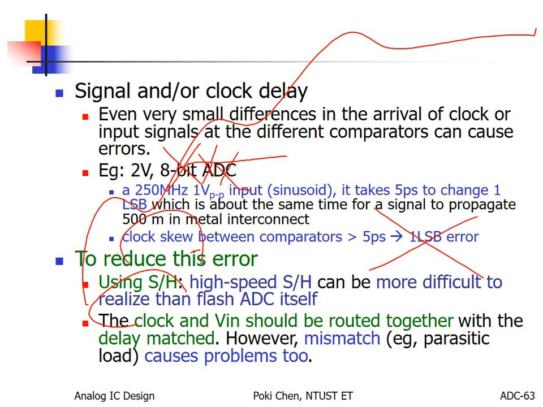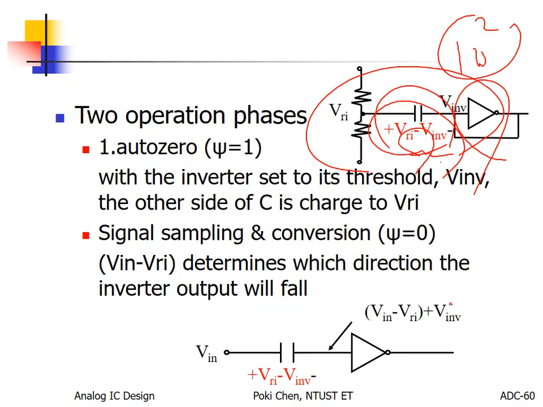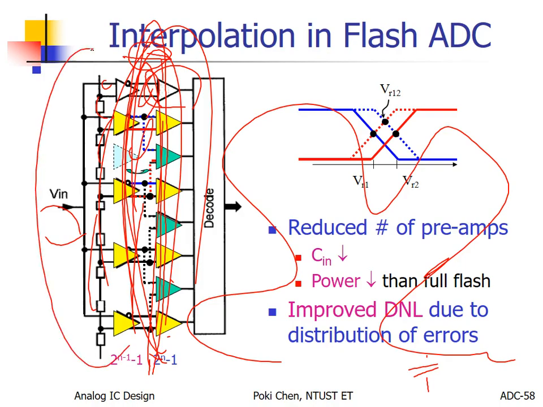And also your clock and your input signal should be routed together. What do I mean? Because you have so many inputs to be routed to so many comparators. In brief, you need to match the routing between your input and your clock.